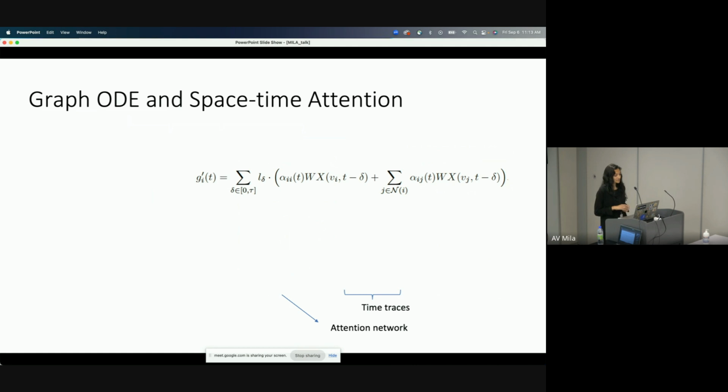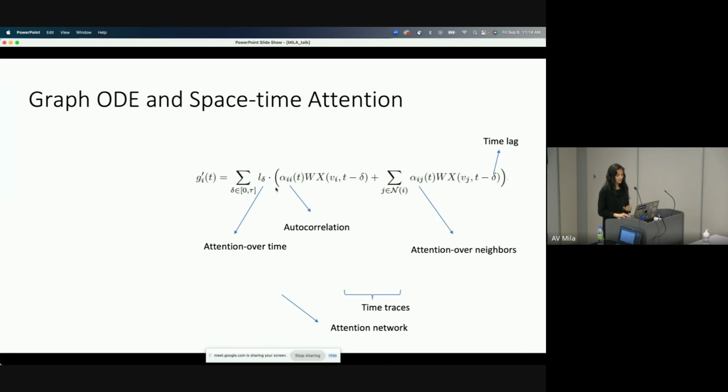The attention mechanism that we designed, we call it the space-time attention. So it's a type of attention that's over time and over the neighbors. And so what that allows is for there to be time lag between a neighbor's gene expression and the gene expression of the gene, mimicking some biophysics.